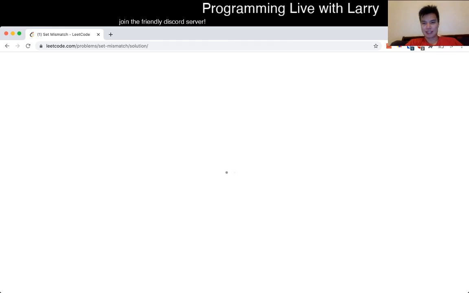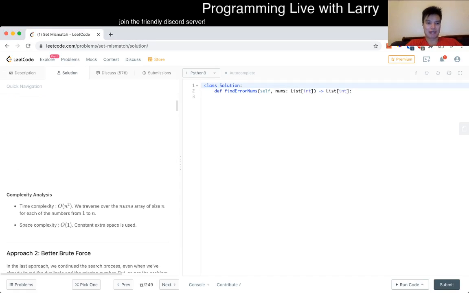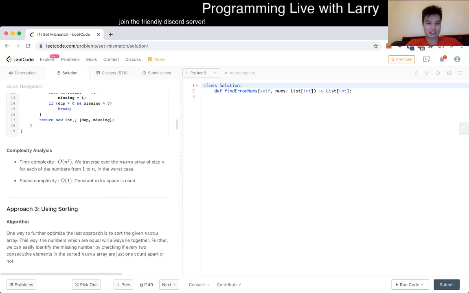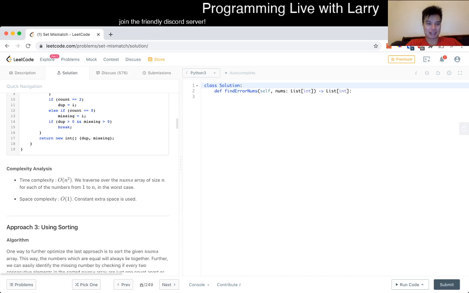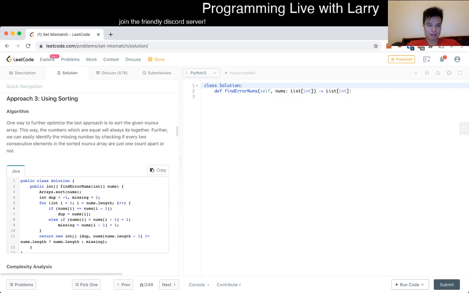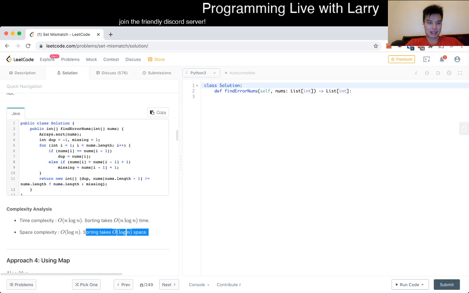So let's see this together. Brute force, yes. Well, brute force the way of n squared is a little bit too brute force. A better brute force is, I don't know what the better brute force is, but still n squared, so that's not what I'm talking about. We talked about sorting, which is n log n. Sorting takes log n space.